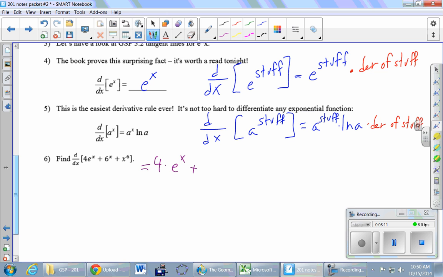Okay, now we have 6 to the x, which is an example of a to the x. So what's the derivative of 6 to the x? That's it, 6 to the x ln of 6. And I'll put a little dot for times just so we're really clear. It's a multiply.